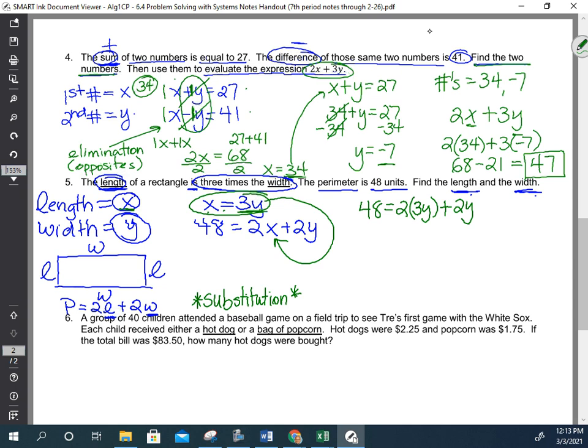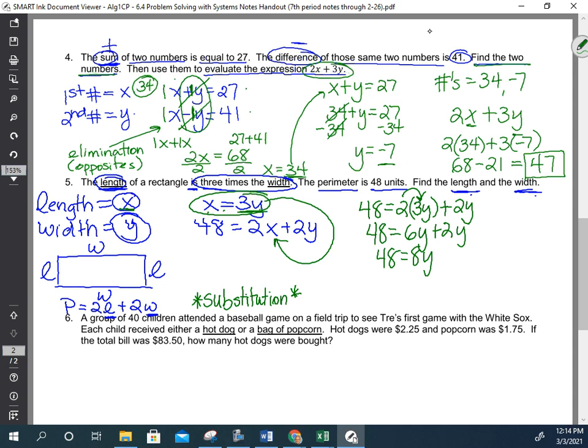Distribute. 2 times that 3y is going to give us 6y. And then you're going to add it. So you have 6y plus 2y, that gives you 8y.